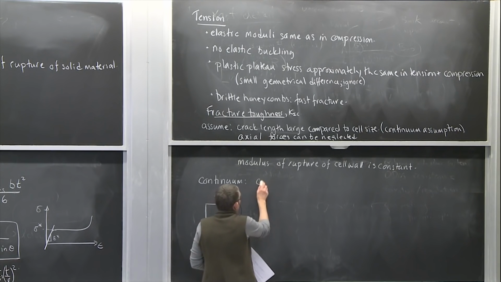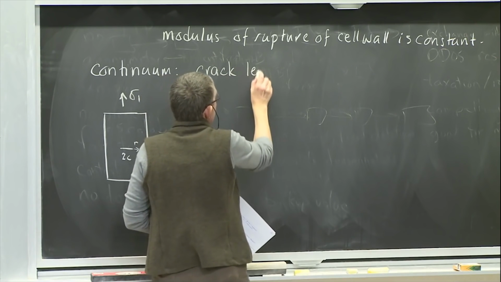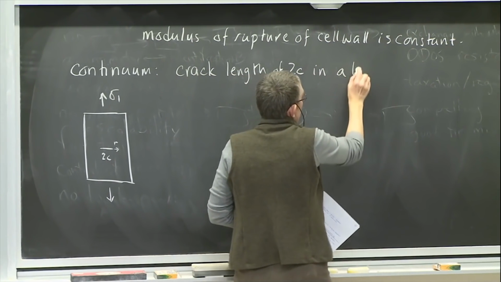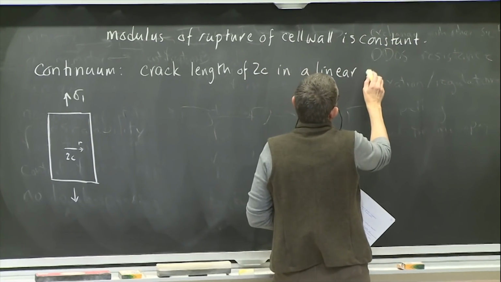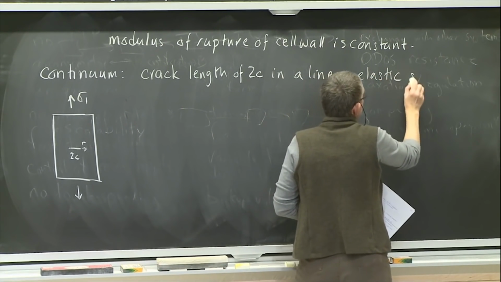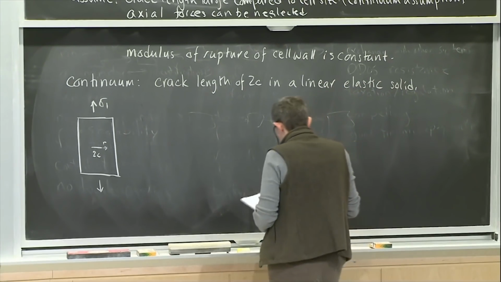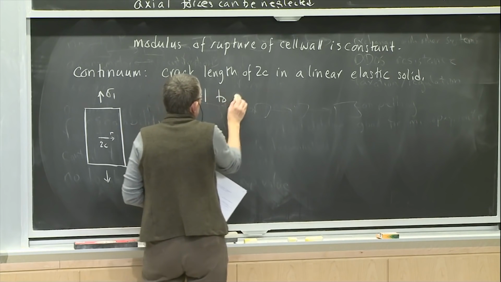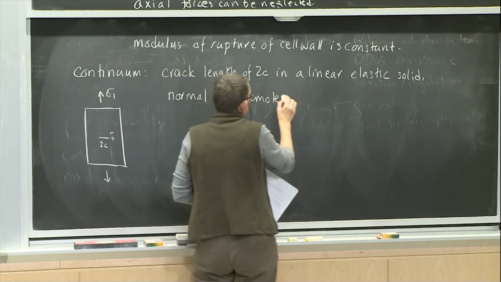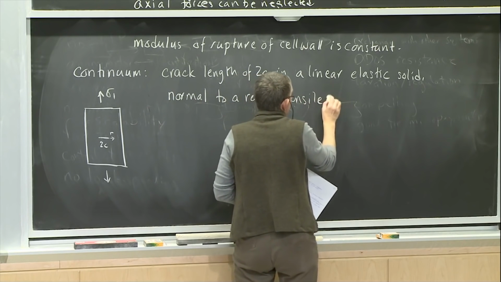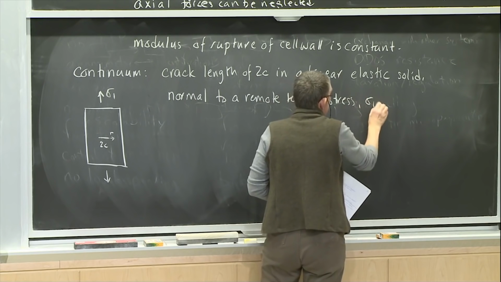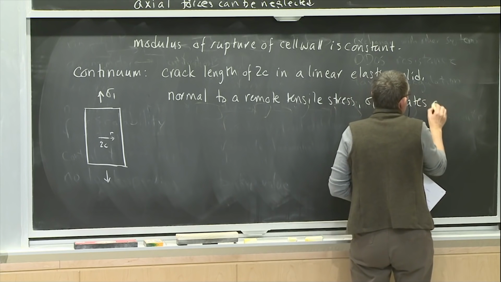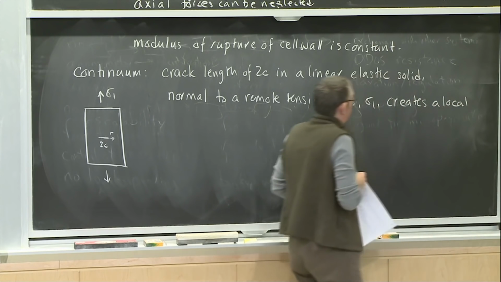So you can say that if you've got a crack length of 2c in a linear elastic solid, and the crack is normal to a remote tensile stress, which I'm going to call sigma 1, then that crack is going to create a local stress field at the crack tip.